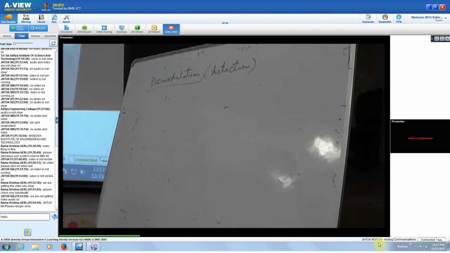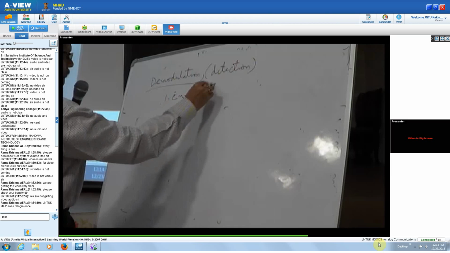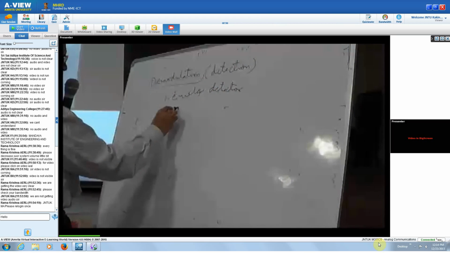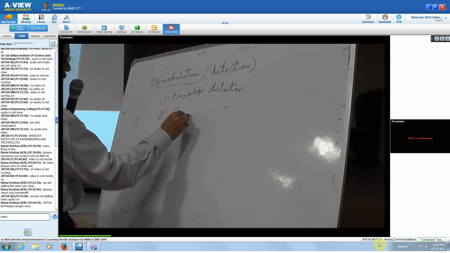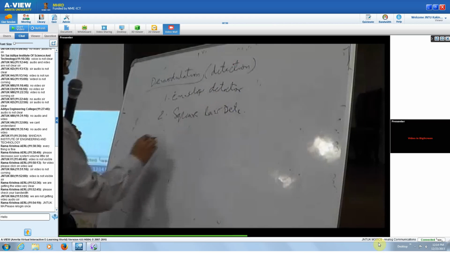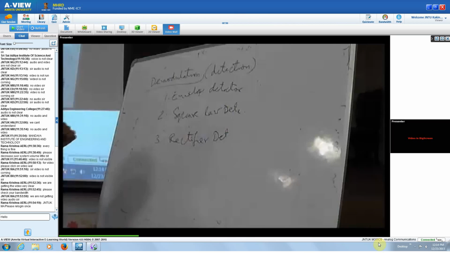We are having a demodulator: first, envelope detector, second is square law detector, third one is rectifier detector.